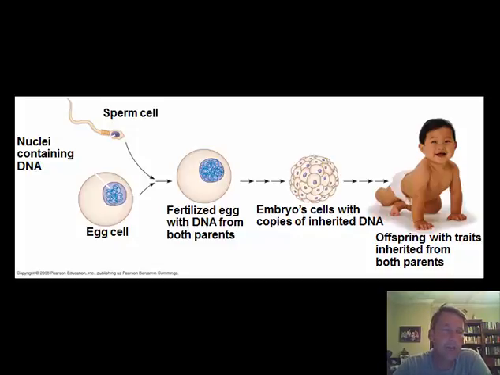Okay, now this genetic information that's found in this nucleus is in a structure, in a molecule called DNA. And DNA is actually made up of two long chains of units, subunits called nucleotides.